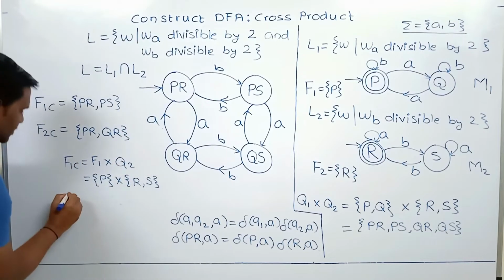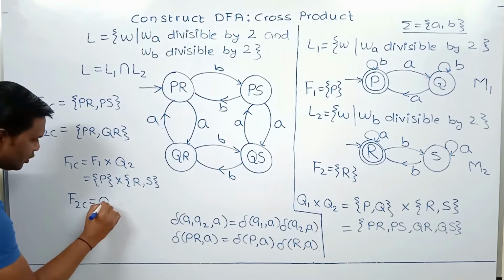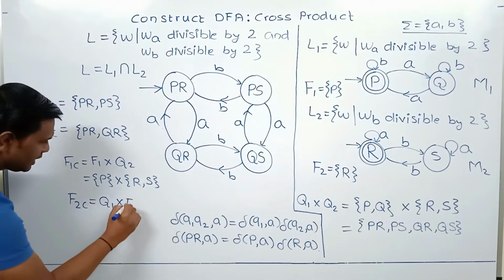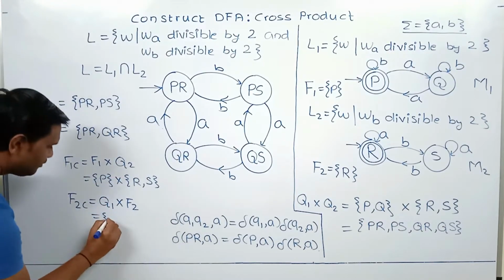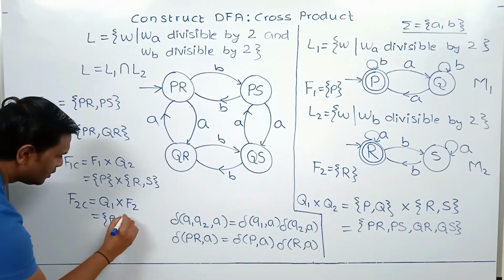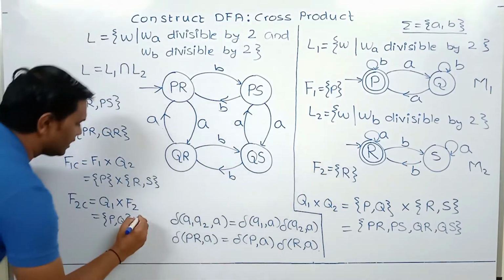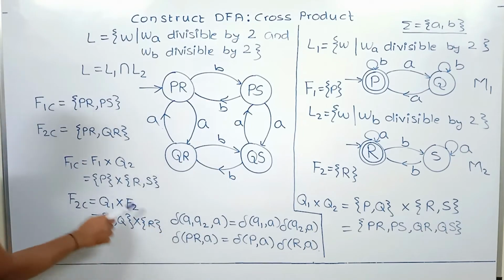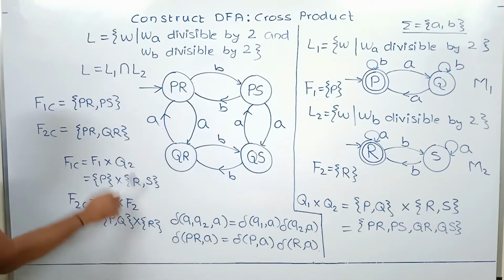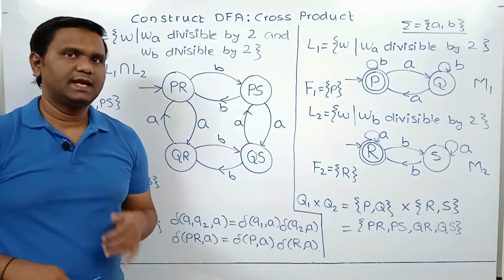Mathematically, F2C is Q1 cross F2. Q1 is the states in M1, P and Q. F2 is the final states in M2, it is only R. So we get PR and QR. This is F2C. So now we have calculated F1C and F2C.